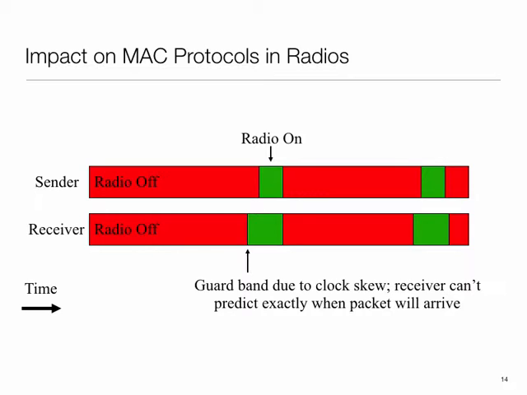Part of the reason that chip scale atomic clocks were developed was to enable that kind of communication. So we're going to talk about how synchronization can help with power management of radios as another application before we move on to synchronization protocols themselves.